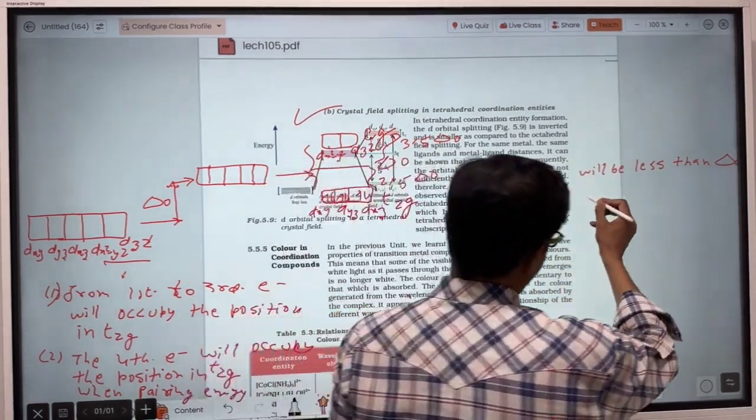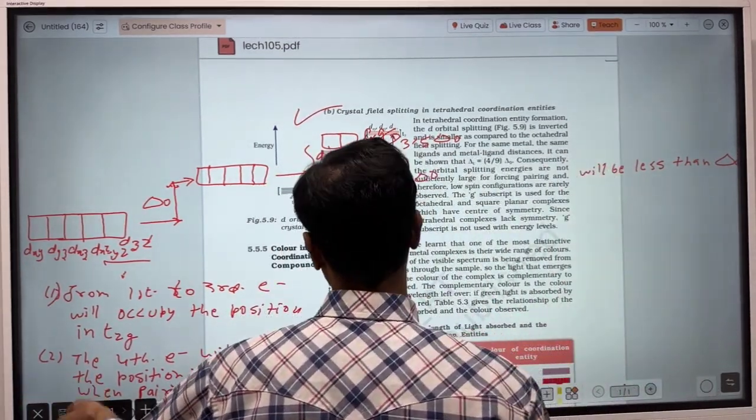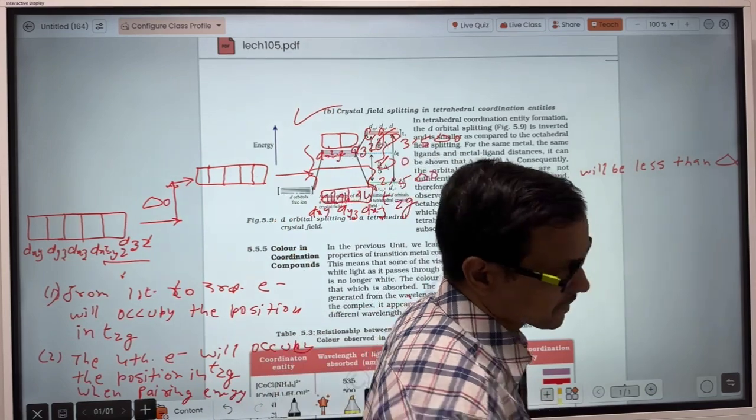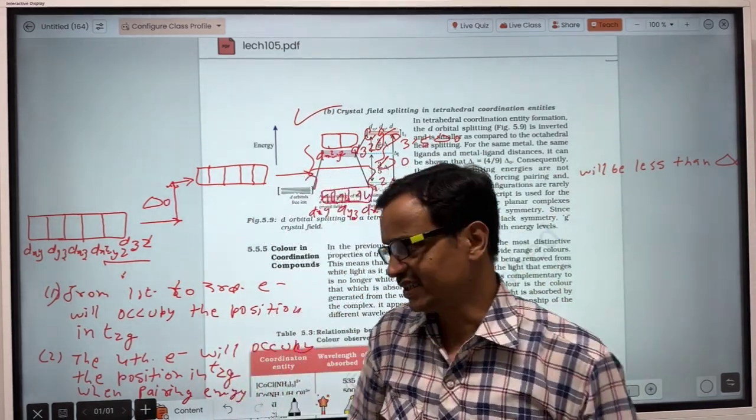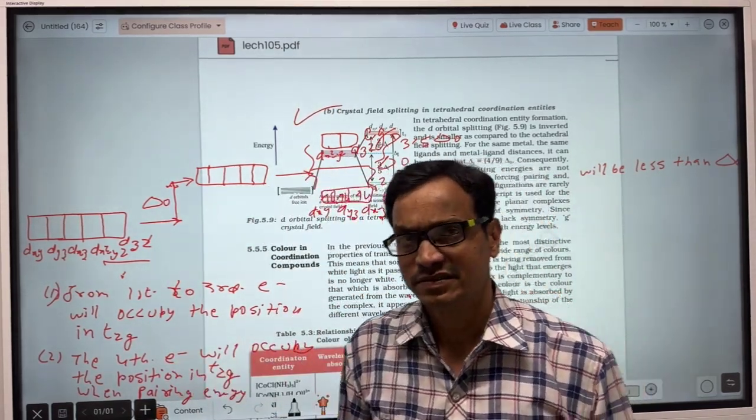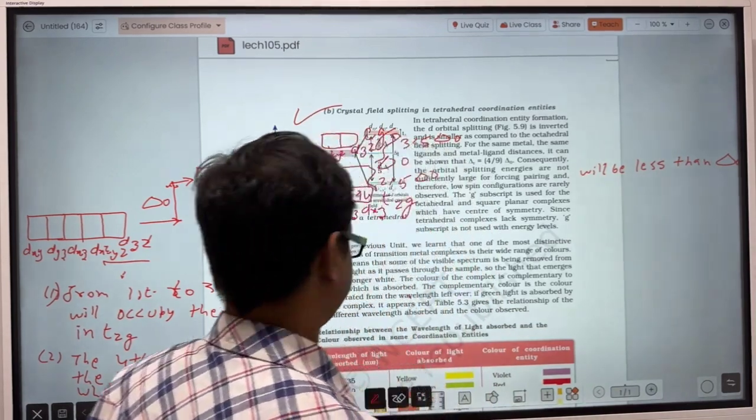And the fourth electron will occupy a position in the Eg energy level when the pairing energy is greater than delta O.